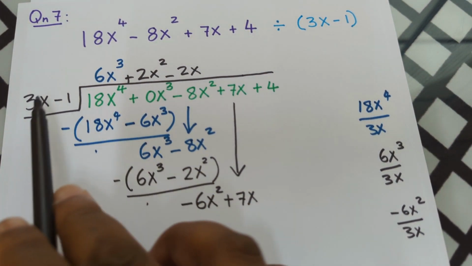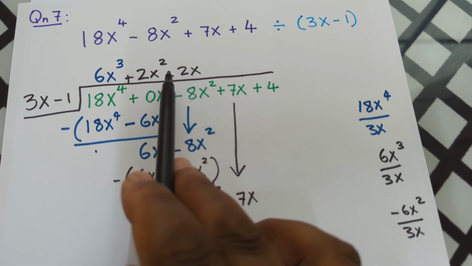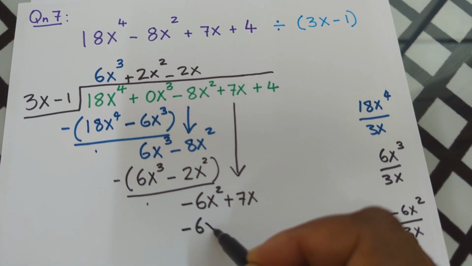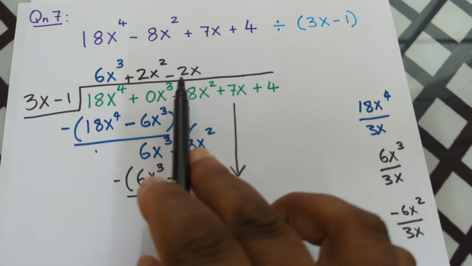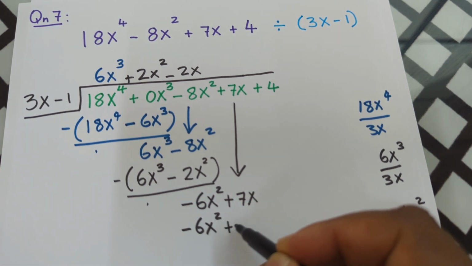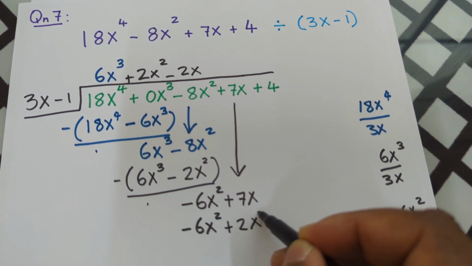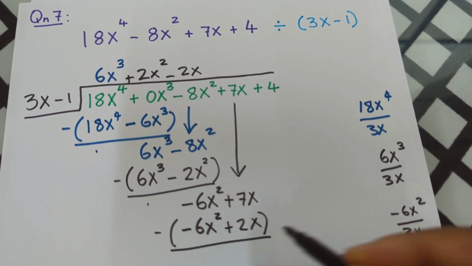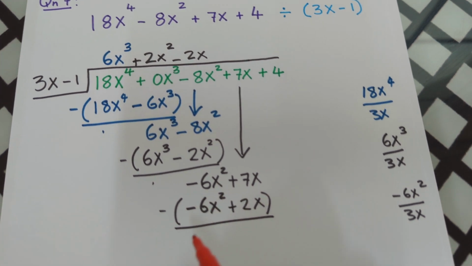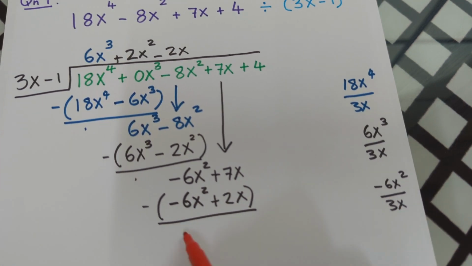And we multiply negative 2x multiplied by 3x, that's negative 6x squared. Negative 2x multiplied by negative 1, it will change into a positive 2x. We put our brackets and subtract. Now, negative 6x squared minus negative 6x squared will give us a 0.